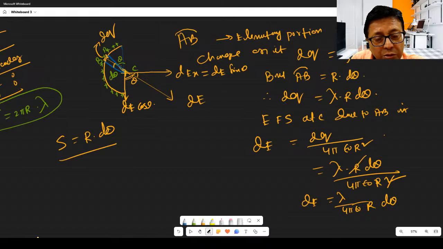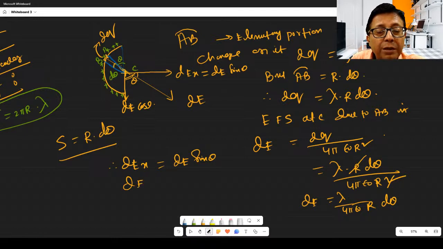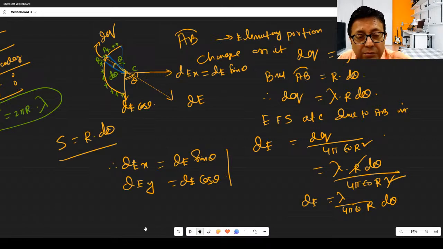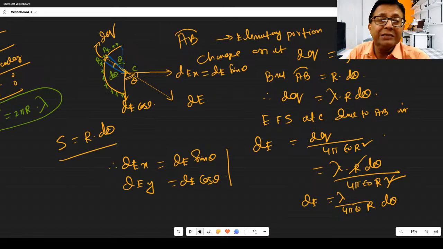So dEx, the horizontal component, is dE sin theta, and dEy, the vertical component, is dE cos theta. Okay? So field along the x-axis is the contribution of all these components.